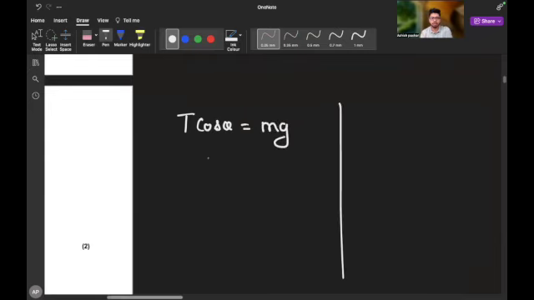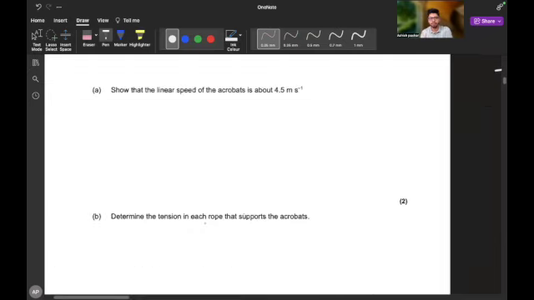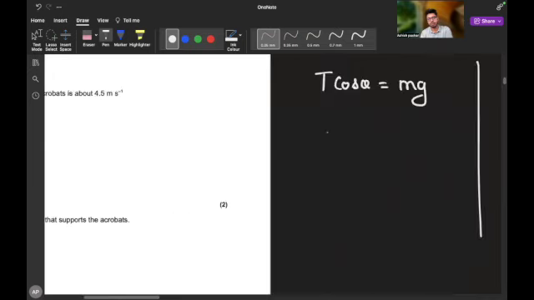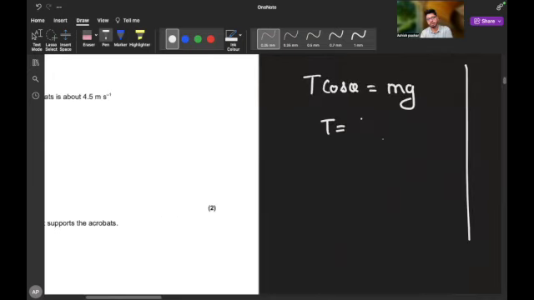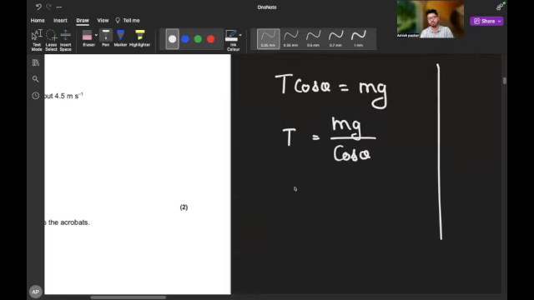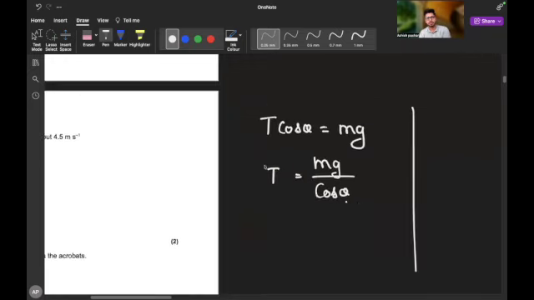And from there you can find the tension force, because you have to calculate the tension force. Tension is mg over cos theta, and everything is known to you. The mass of the person is 85, I think, g is 9.8, and theta is 28.5. So the tension force is known to you.